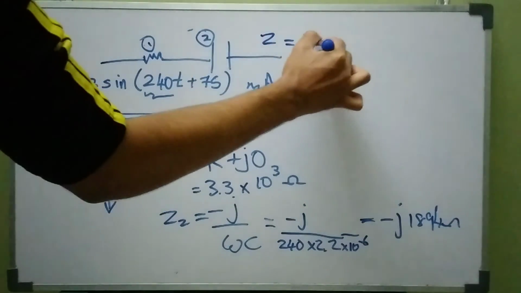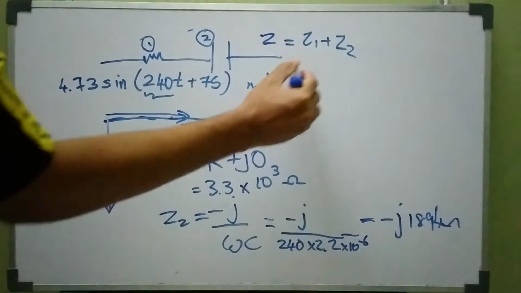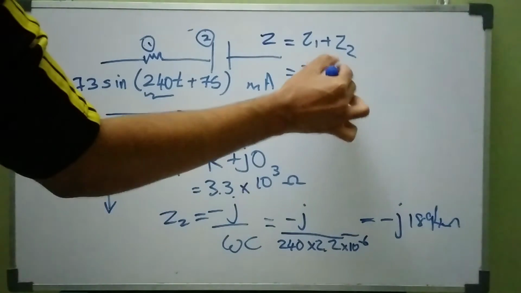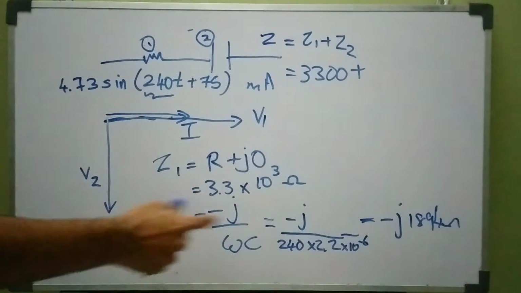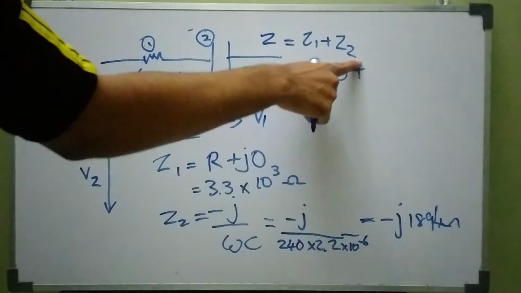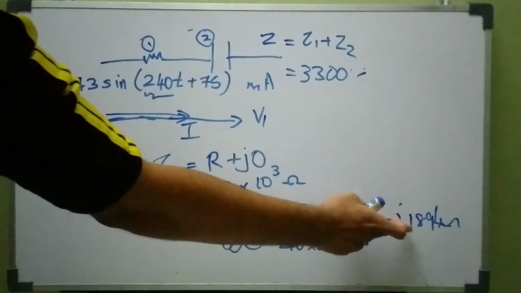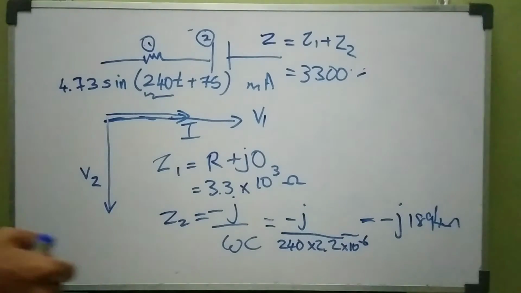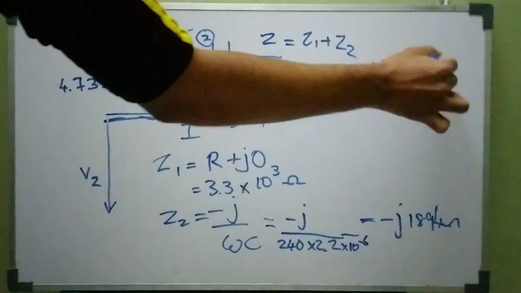That is equal to Z1 plus Z2. As I mentioned, 3.3 into 10 to the power 3, which means 3300, plus, sorry, it would be minus because the imaginary part is having the minus sign, so I'm going to write it as minus, and the imaginary part's value would be 1894 j.